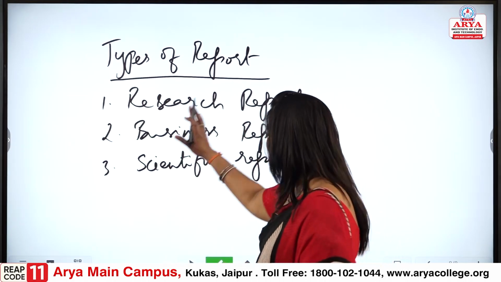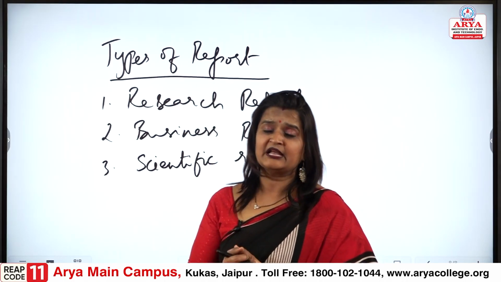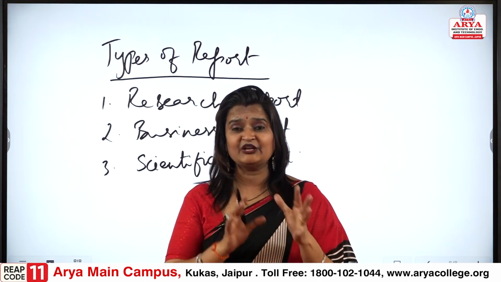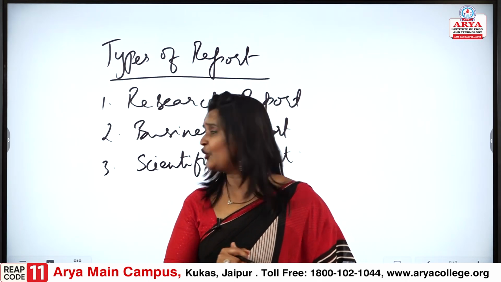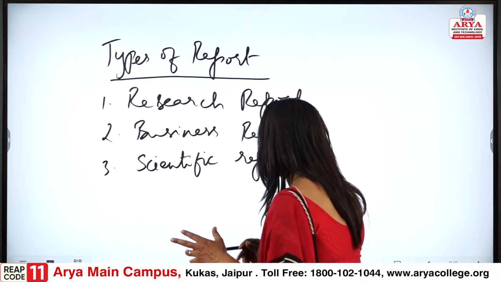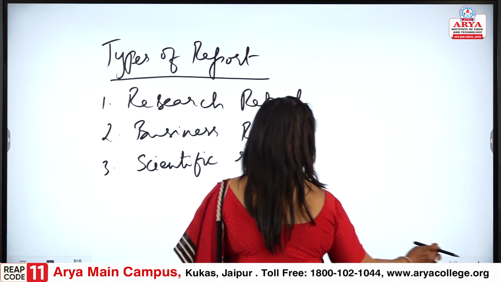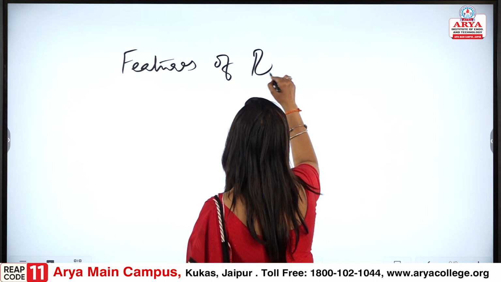Research, again the research report that we are doing is according to the topic on which we are doing the research. So accordingly it will be talking about that. So these are the various types of reports.